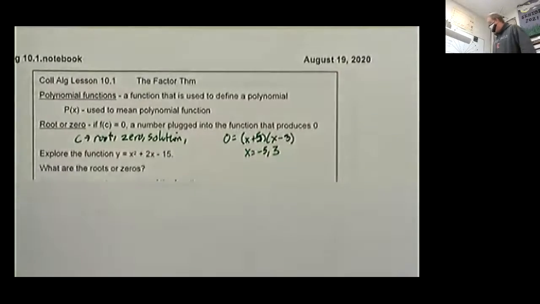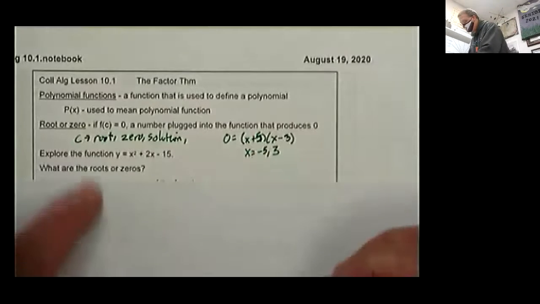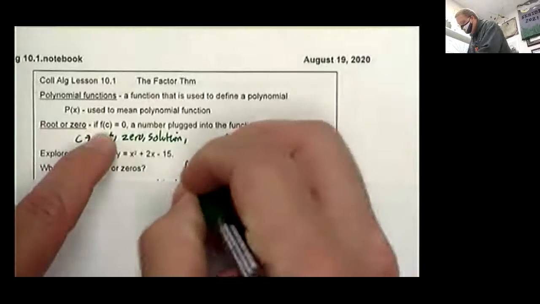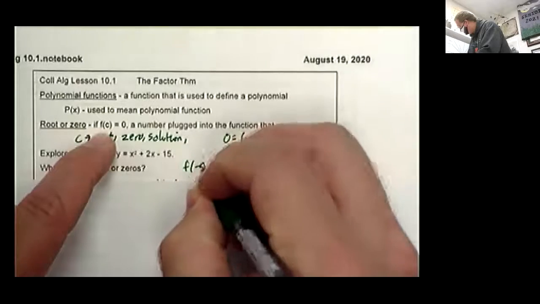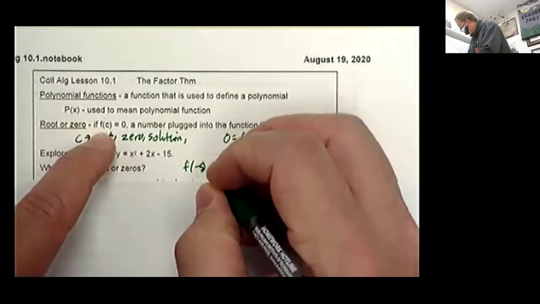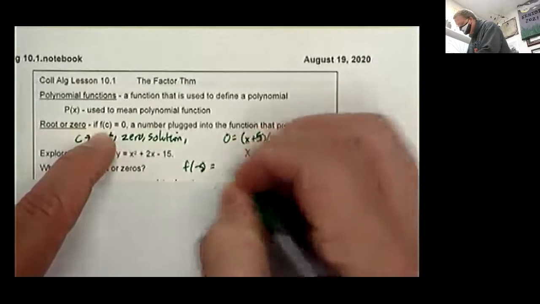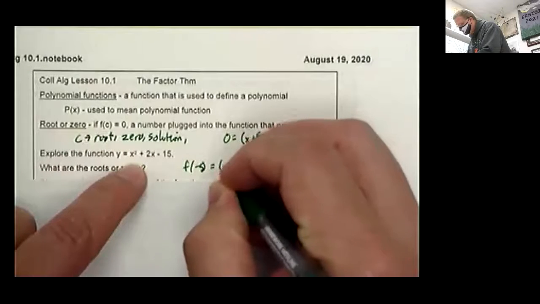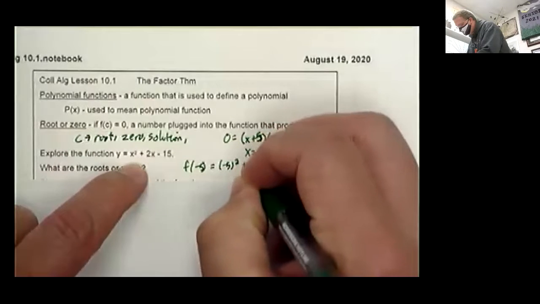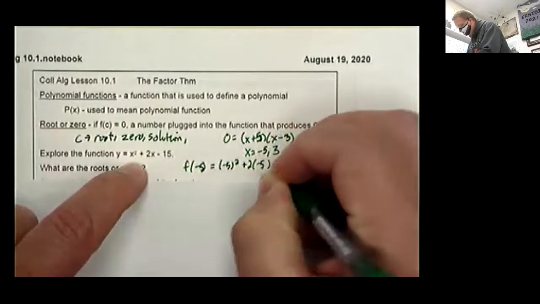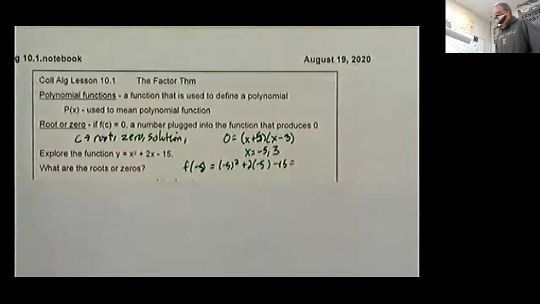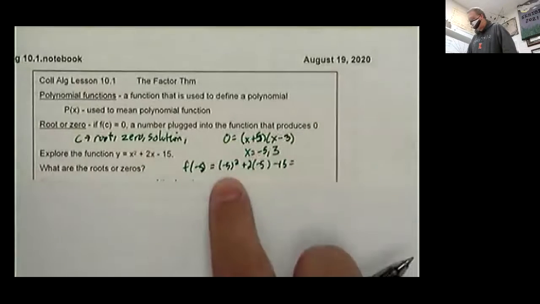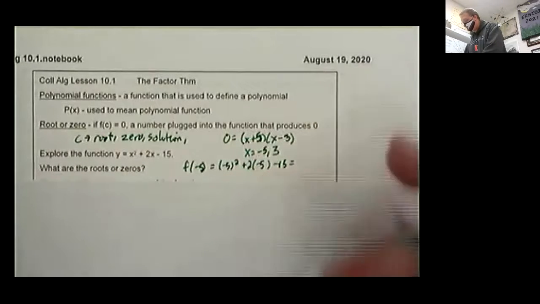Let's take those same solutions and plug them back into the original function. So if we look at f of -5, what do we get? Well, we get -5 squared plus 2 times -5 minus 15. And if you work that out, that's 25 minus 10 minus 15. What do you get?